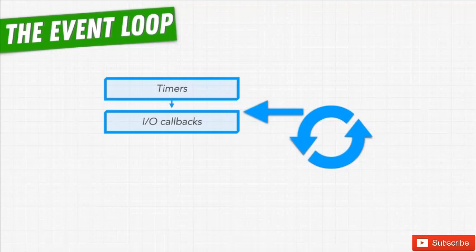It includes things like all your network and file operations, but basically anything that doesn't fit in the other phases goes here. So if your code is done reading a file, the callback for that read operation will be pushed onto the I/O phase callback queue, and it will be executed in this phase.